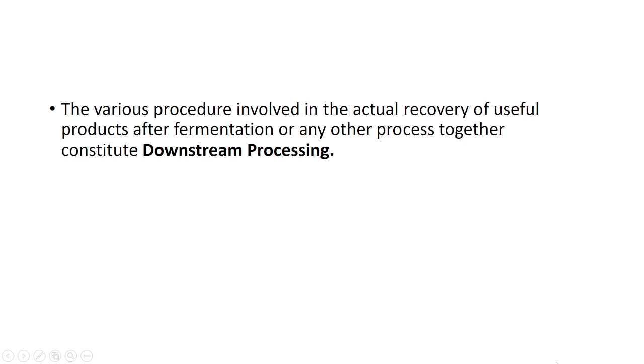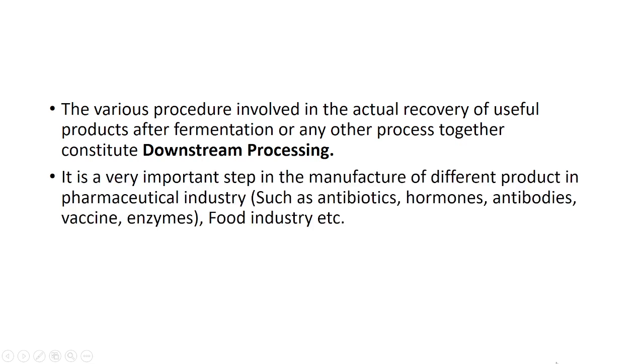So the various procedures that are involved in the recovery of the useful product after the fermentation or any other process together, all these processes together constitute downstream processing. So downstream processing is very important in the manufacture of different products in pharmaceutical industry, like antibiotic, hormones, antibodies, vaccine, enzyme.